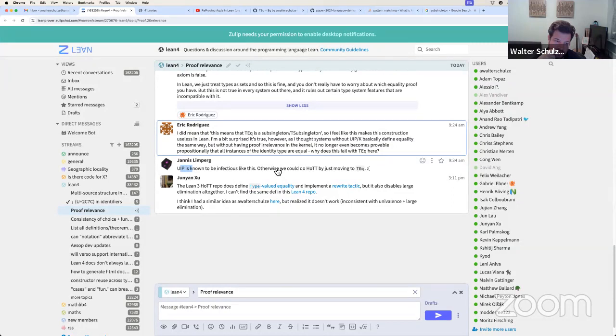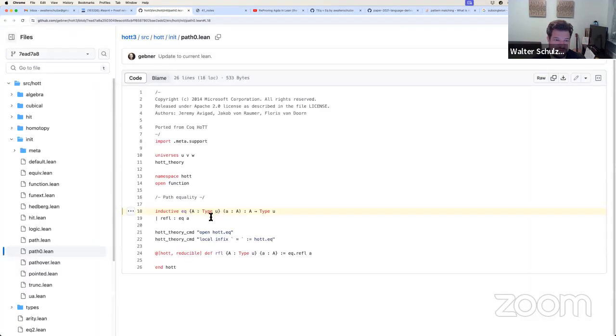So, the Lean 3 homotopy type theory repo, so this was attempted, does define type valued equality. This looks very familiar. That's a bit weird, but otherwise, there's not two A's here, but just one.